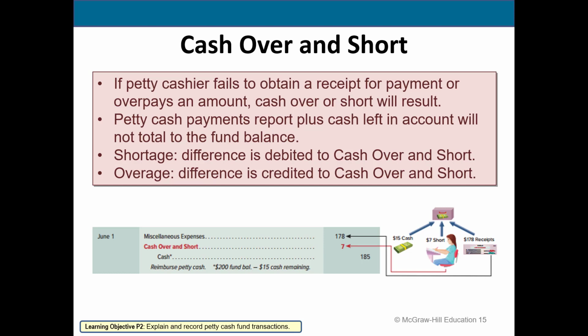So in this example, the fund had $200 in it, and we had receipts for $178. So the difference between 200 and 178 is the amount that we are short.